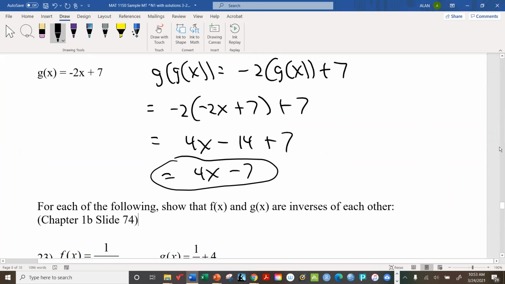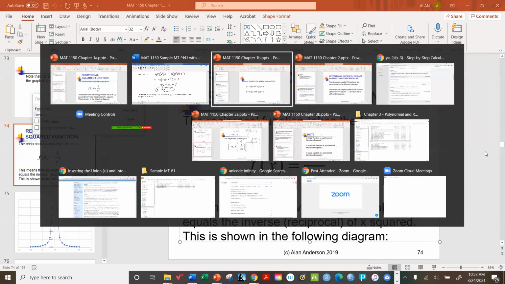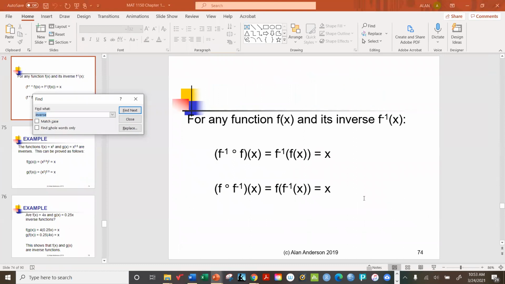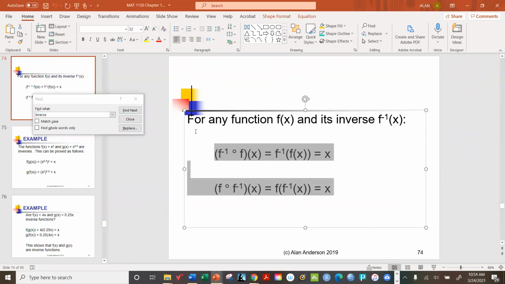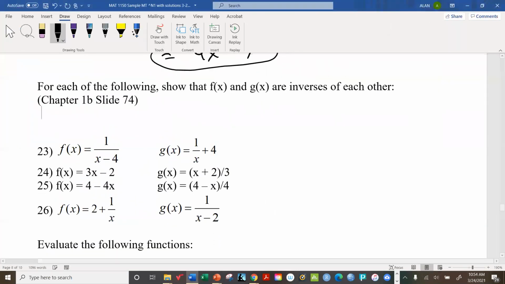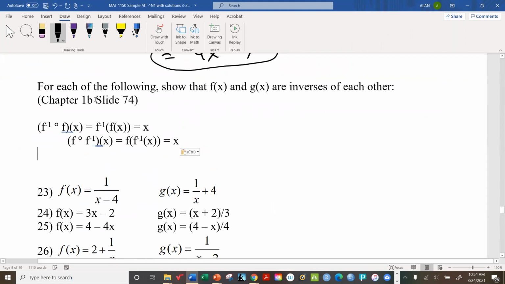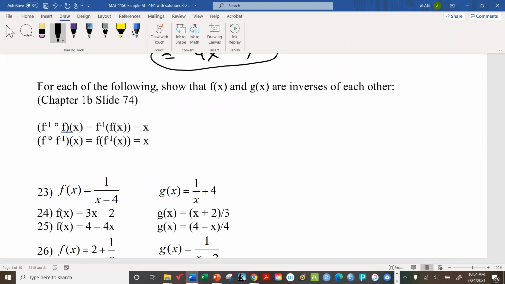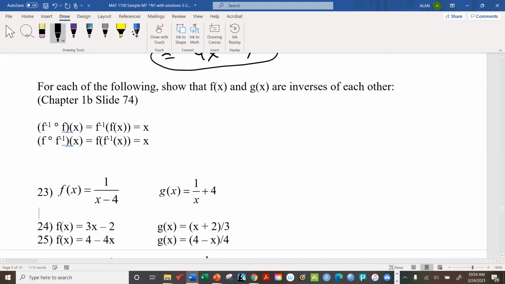So basically, this is where we are introduced to the idea that this is how you demonstrate whether or not two functions are actually inverses. In fact, I'm going to copy this because it's so helpful. So this is what we're trying to demonstrate in each of these cases.